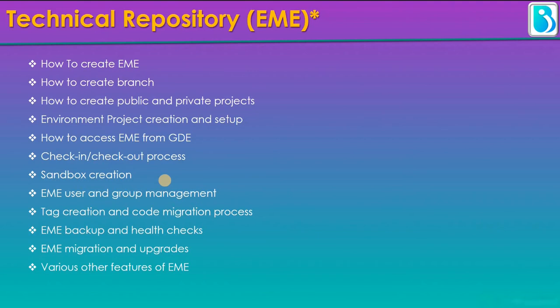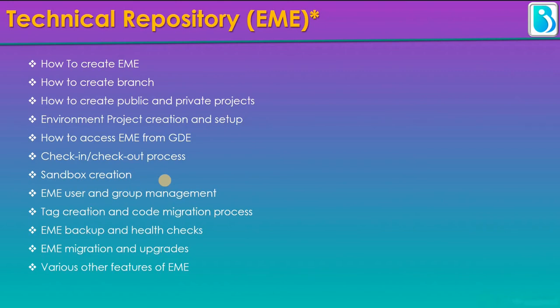And how to create public and private projects. There are different types of projects we can create on top of EME: public, private, environment, and common projects. How we create these projects will be explained in a detailed way.